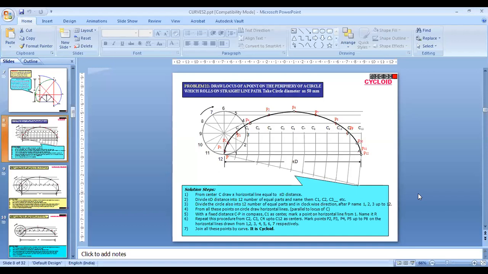Good morning to all. Today we will study the next topic, cycloid.